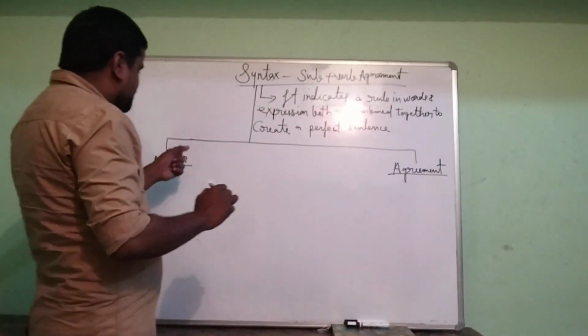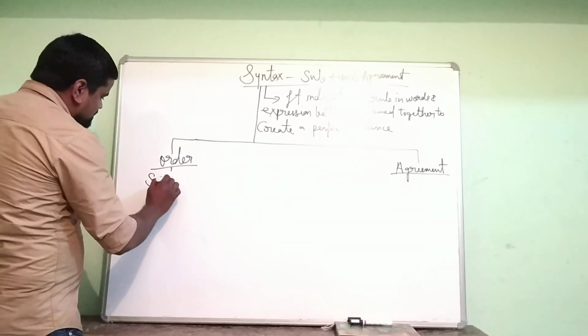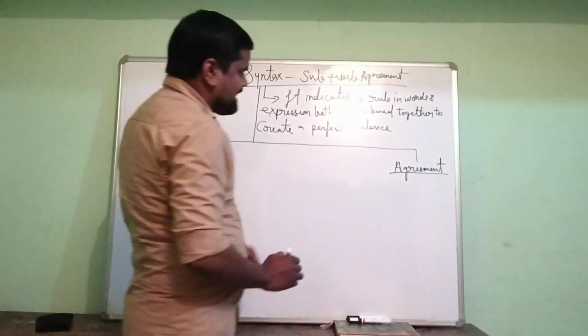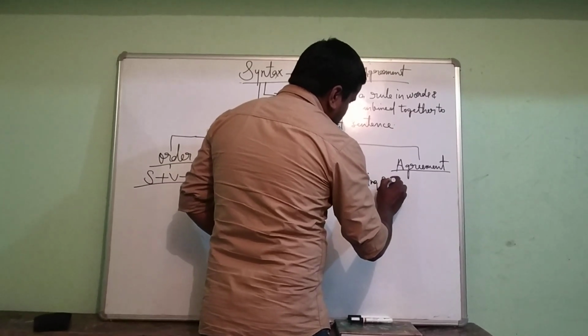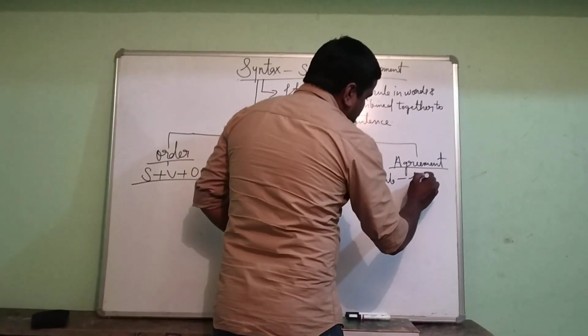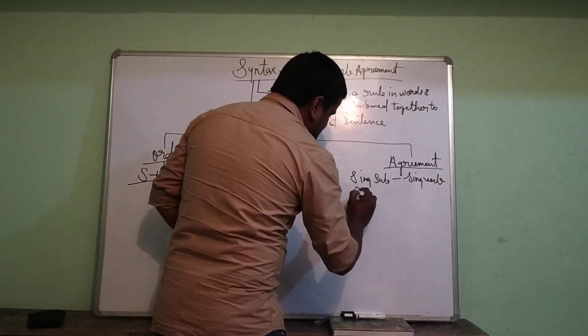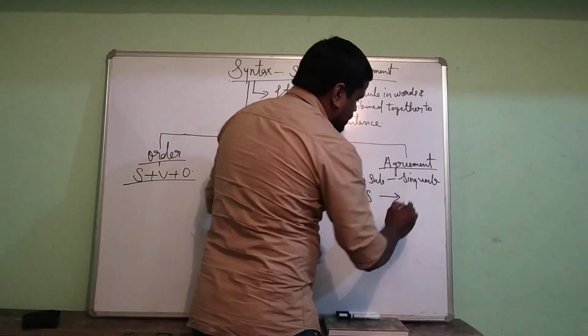If we talk about agreement, then if your subject is singular, then the verb must be singular. And if your subject is plural, then you should apply a plural verb.